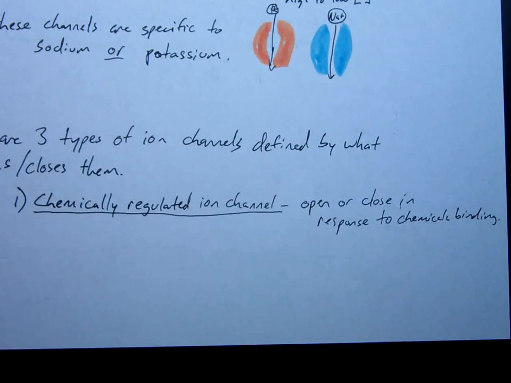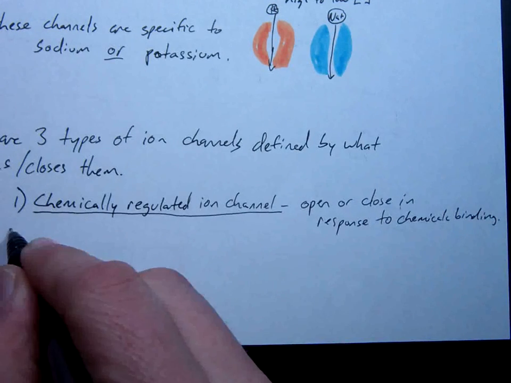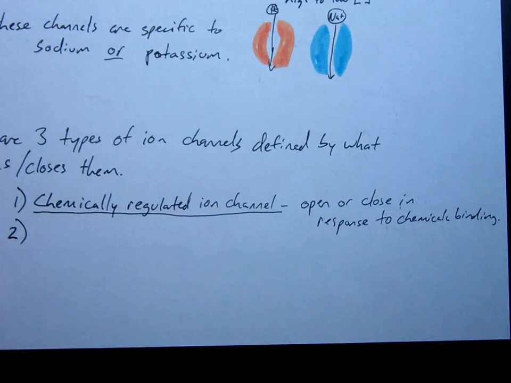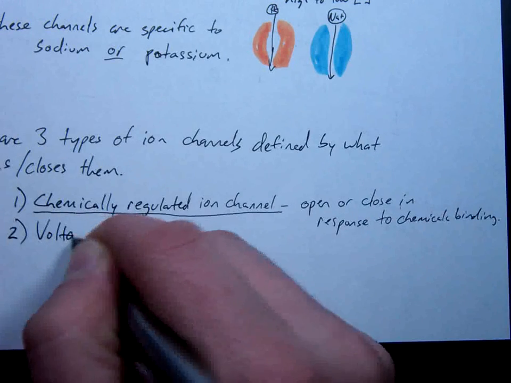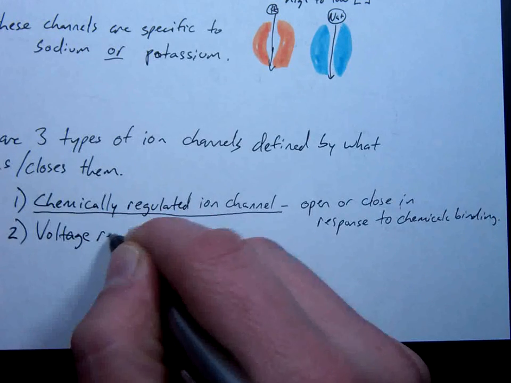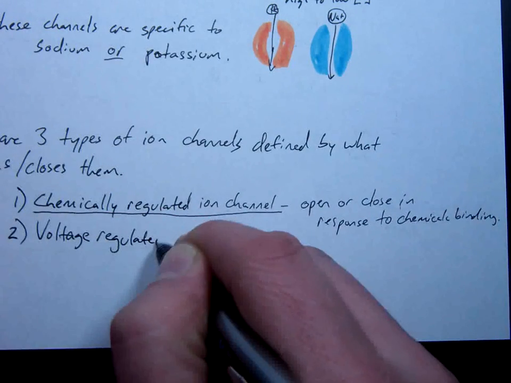Okay? The second one is by far the most common. I don't know for a fact, but I'd be comfortable saying 90% or more of all the ion channels are this next one. They're voltage regulated ion channels.